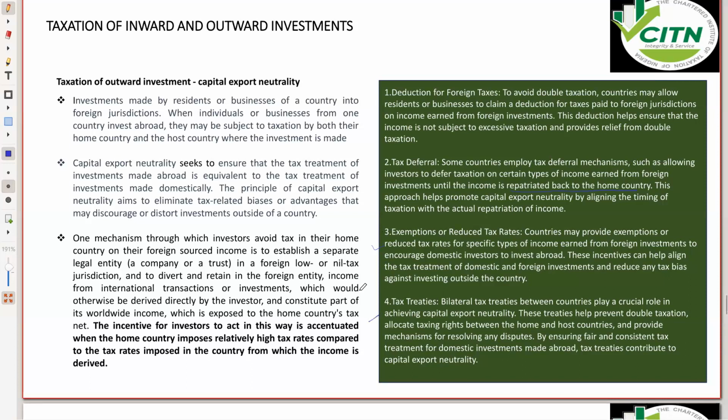Fourth approach is tax treaties. Like we've said, bilateral agreements between two countries play a very important role in achieving capital export neutrality, because it basically prevents countries from double taxing between themselves, while ensuring that there's fair distribution of the revenue between both where the income is earned and the residents of the taxpayer.